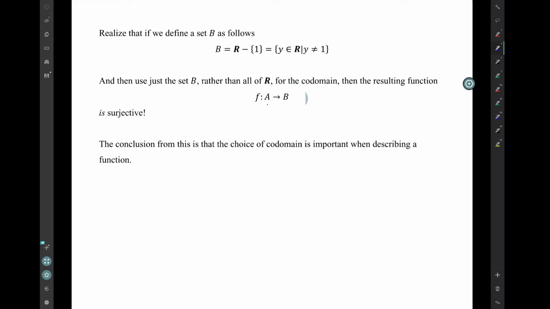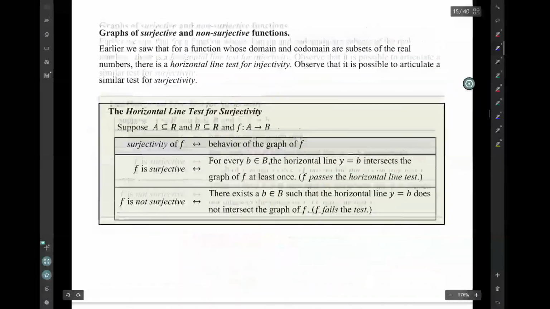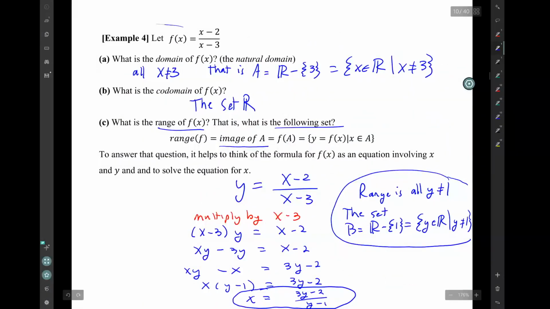Well, the answer to that is go back to the very beginning when we first discussed this function. When we introduced this function, it was easy to see what the domain was. We could look at that formula for f of x and see we can't allow x to be 3. But the range, that is the set of y values that actually come out, is not so apparent when you look at that formula.